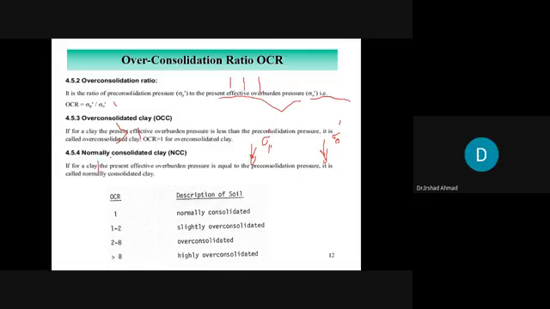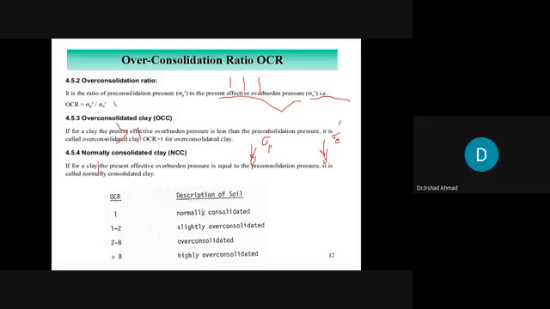Such soils are called normally consolidated clay. Based upon the OCR, we classify the soil: if OCR is 1, the soil is called normally consolidated clay. If OCR is between 1 and 2, it's called slightly over-consolidated clay. If it is between 2 and 8, it is called over-consolidated soil. But if it is greater than 8, it is called highly over-consolidated soil.